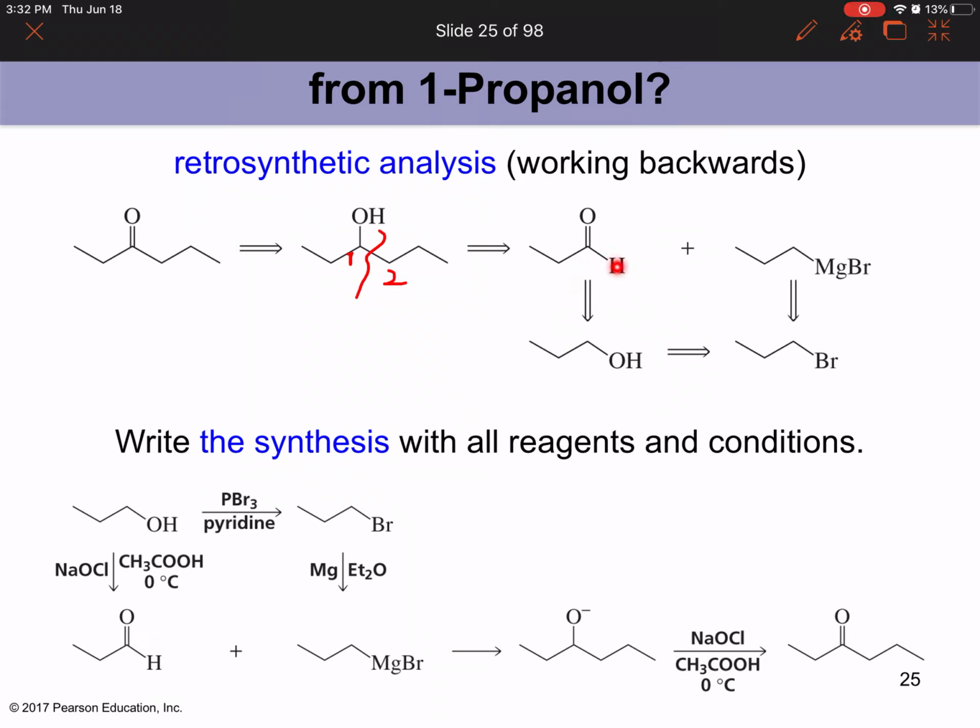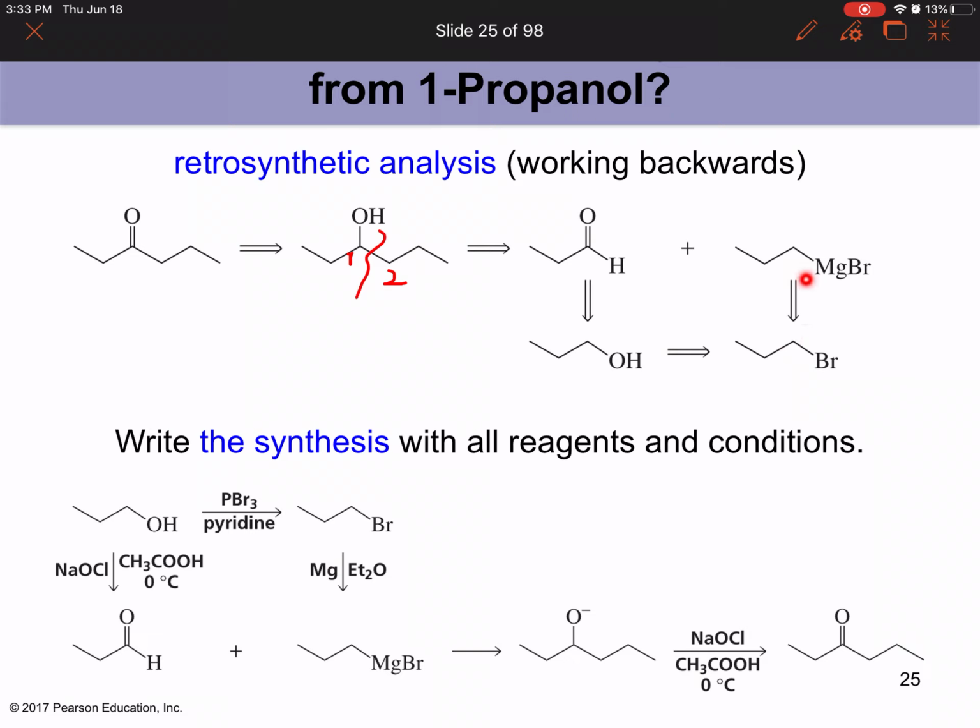Now this is propanaldehyde. Propanaldehyde can be formed from propanol because propanol is the alcohol and we can oxidize an alcohol to get an aldehyde. And this is propyl magnesium bromide, and we need to again make this one from propanol.